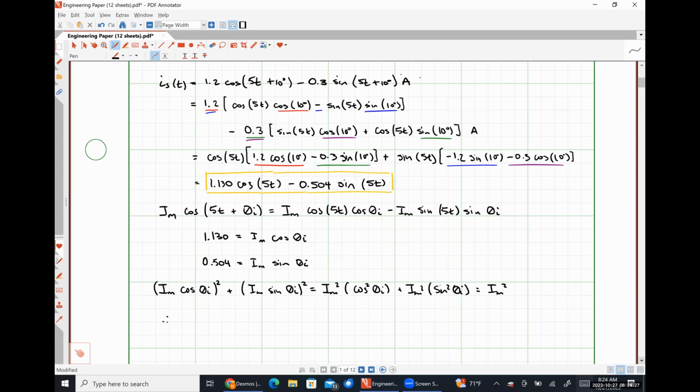We can see that our magnitude Im is going to be the square root of 1.130 squared plus 0.504 squared.